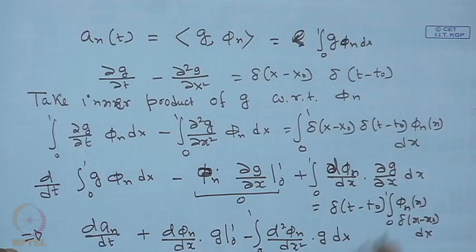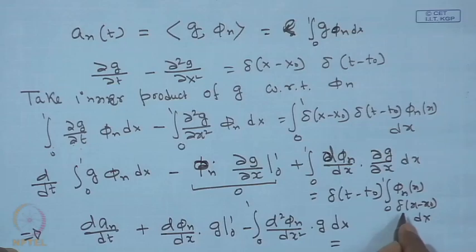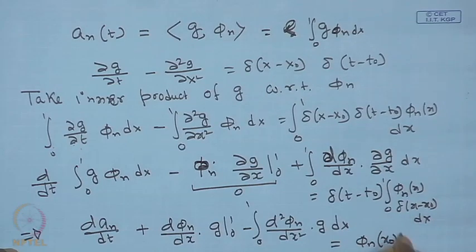So, this becomes the integral of phi n x delta x minus x 0, which becomes phi n x 0 delta t minus t naught. Okay. Now, let us see what we get. If we open up this part, the bilinear concomitant, we find phi n prime at 1, g at 1, minus phi n prime at 0, g at 0, but g has homogeneous boundary conditions both at x equal to 1 and x equal to 0.